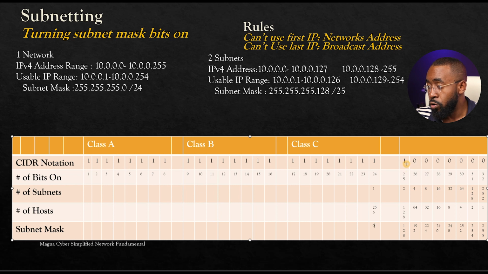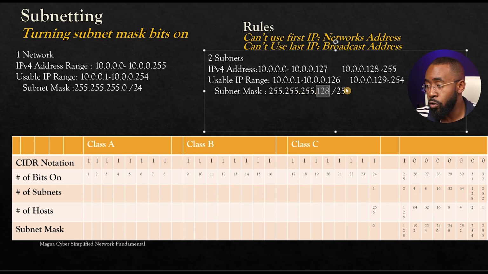Now that you turn one more bit on, you're going to have now 25 bits on in total, and that's what we represent here. Now, when you have that number in binary, you know what that number means. In binary, it means 128. Then your new subnet mask now will be 128, right?